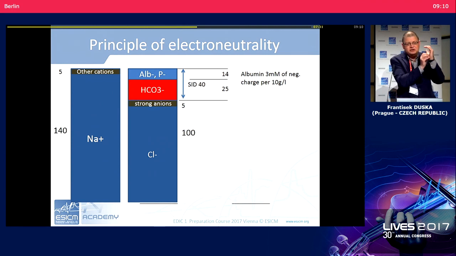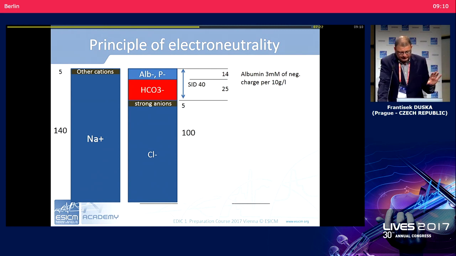This space is shared by bicarbonate and negative charges on albumin and perhaps phosphate, but let's forget about that. The concentration of bicarbonate together with PCO2 defines pH in the patient's plasma or blood.